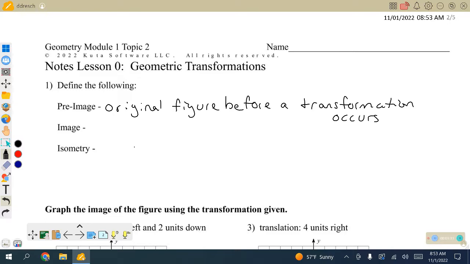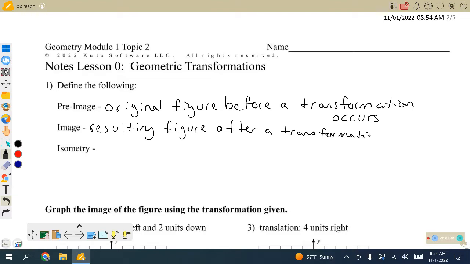But when a transformation occurs, we drop off the pre, and we call it just the image. The image is the resulting figure after a transformation.